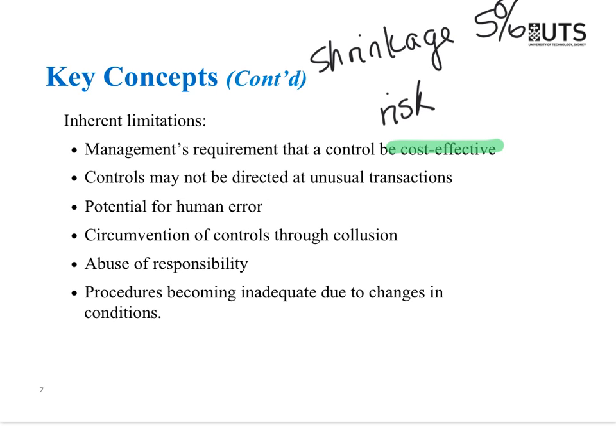Now, another limitation is that there may not be controls for unusual transactions. Something that never happens but is going to occur, there's no policy and procedure for that, so that's where you're likely to have some mistakes as a result. The other thing about controls is human error.